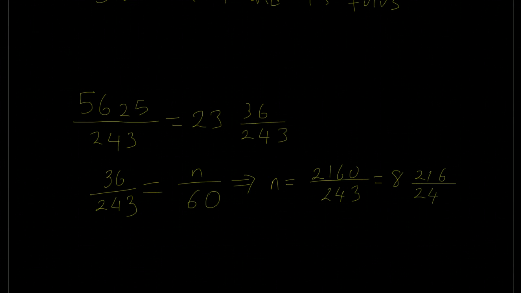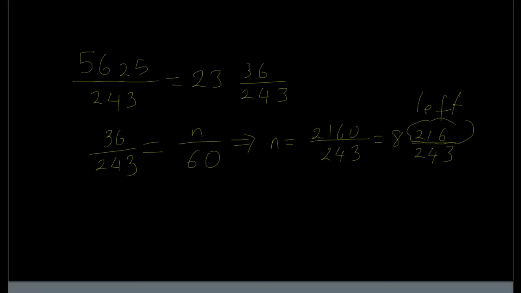So this means that each person gets an additional 8 flus, but then there are still 216 flus left over, right? So in practical terms, there is no lower unit of money to distribute this even further. However, you can imagine doing this theoretically.